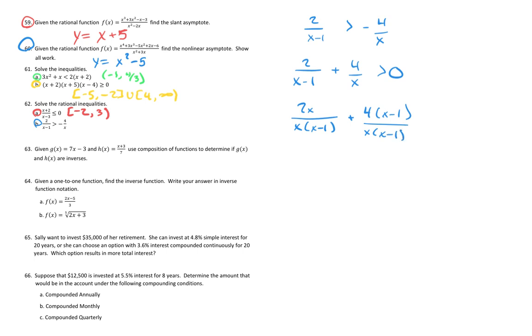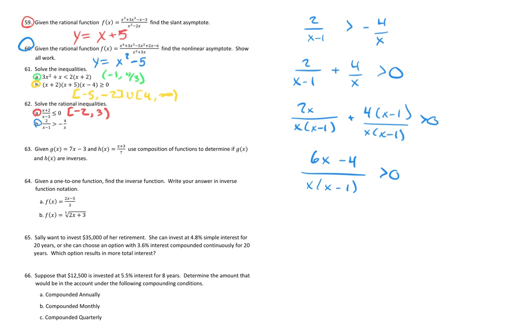So from here, I can combine my fractions and combine some like terms to get (6x - 4) over x times (x - 1). And this is greater than 0. So from here, I need to find where is my equation undefined and where is it equal to 0.